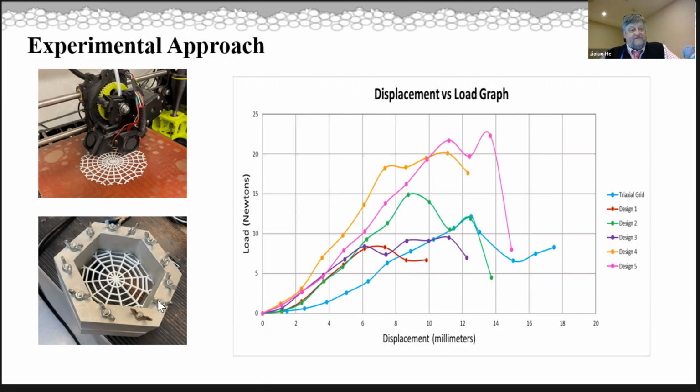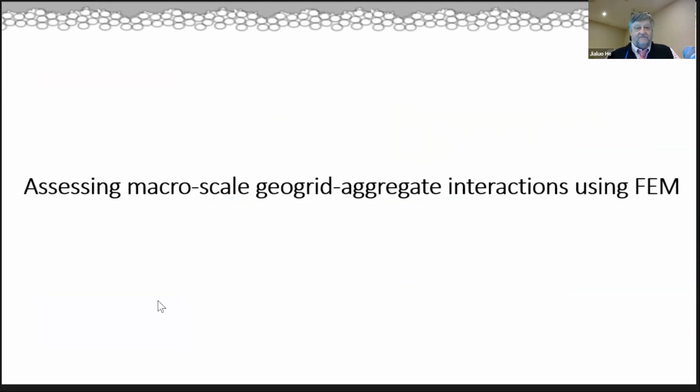The image on the lower left is just a hexagonal frame that we've held it in. And the most important thing from the graph on the right, the blue line, which is about the lowest load displacement plot, is in fact for triaxial geogrid, which until recently has been the leading geogrid in the market. So clearly room for opportunity.